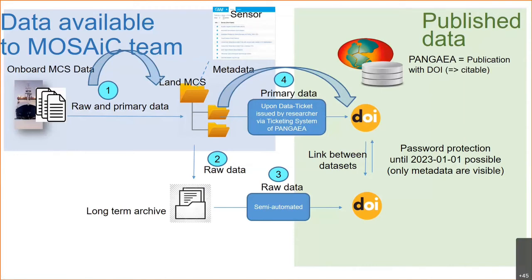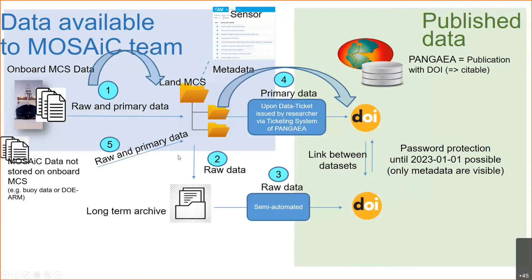You need to tell us that if you submit primary data, there should be raw data connected to this, and so this interconnection needs to be created. And I remind you of the date of 2023. This is the date when all MOSAIC data should be publicly available, also outside of the MOSAIC community.